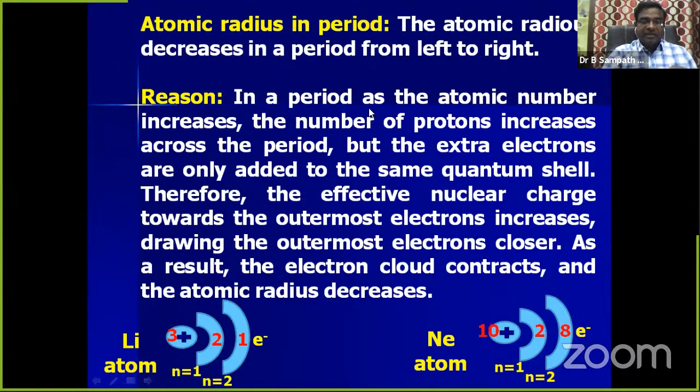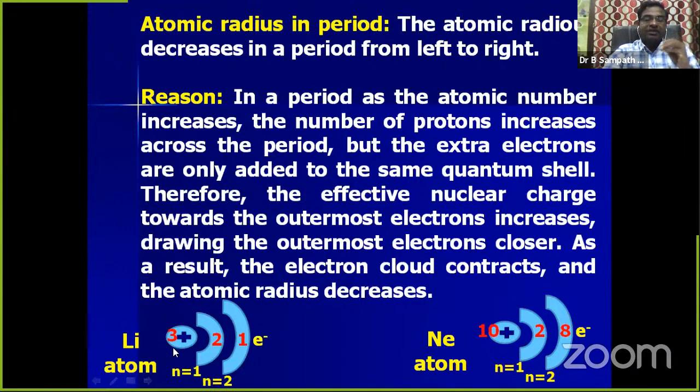In a period, as the atomic number increases, let us see, children, these are the same period elements. Here is lithium, and after lithium we have beryllium, boron, carbon, nitrogen, oxygen, fluorine and neon. So lithium has atomic number 3 and neon atomic number 10.